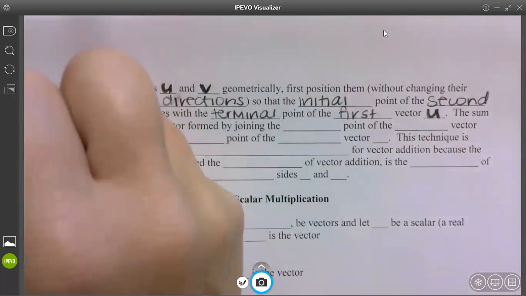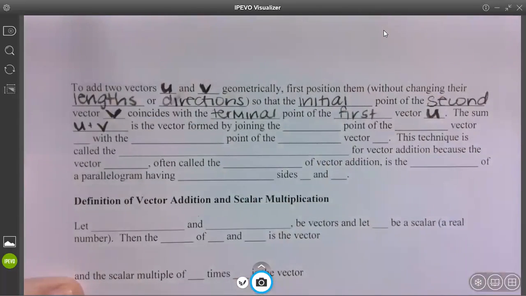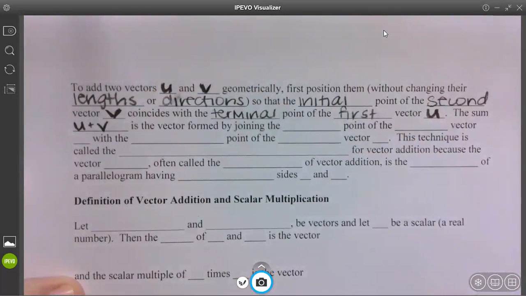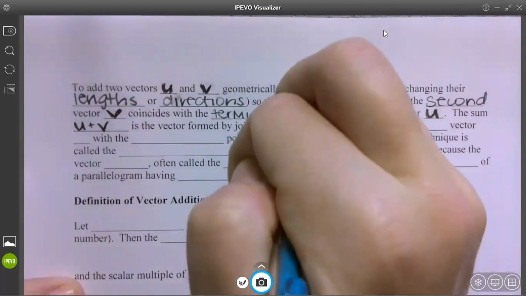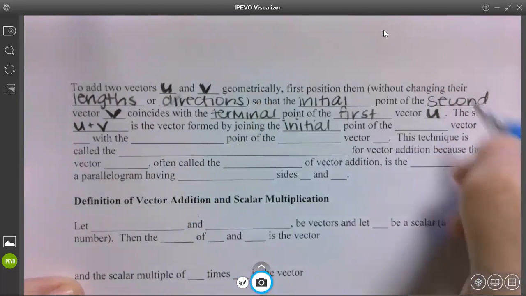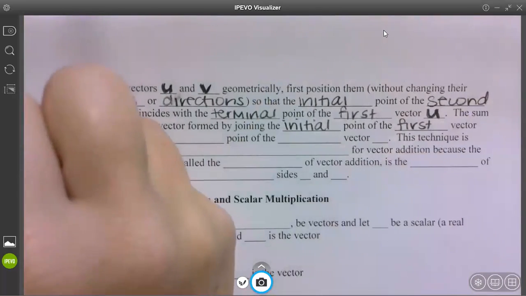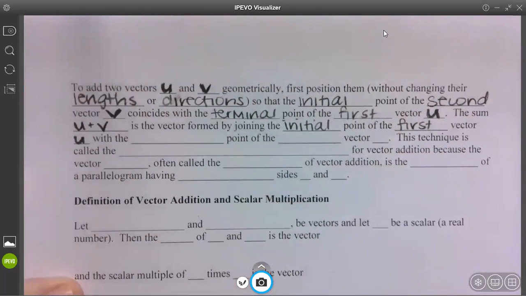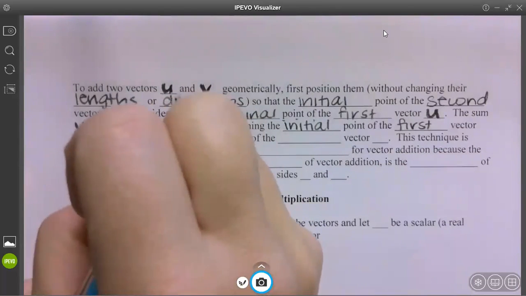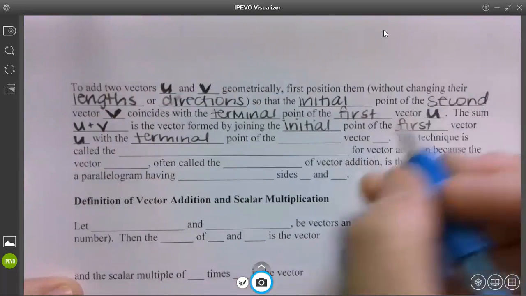The sum of u plus v is the vector formed by joining the initial point of the first vector u with the terminal point of the second vector v.